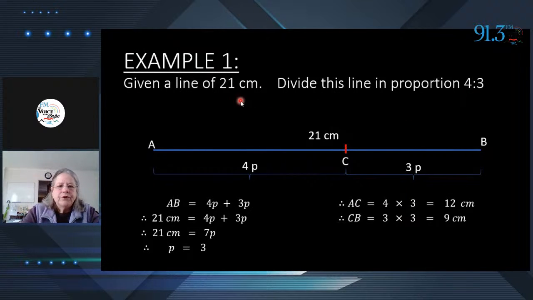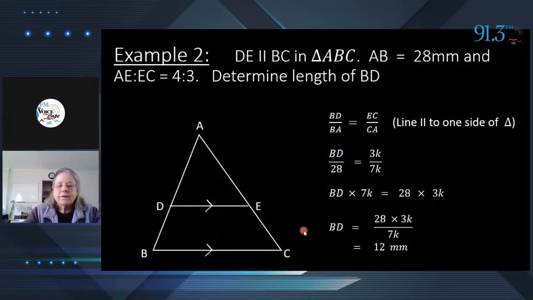Right, then we will use this concept. Example 2. We have a triangle and we have DE parallel to BC in triangle ABC. AB is 28 millimeters, and here's our ratio. AE to EC equals 4 to 3.